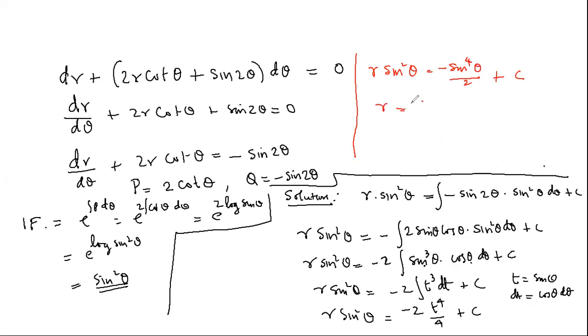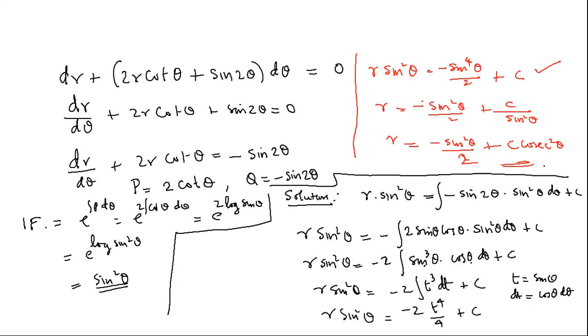So r is equal to minus sine square theta by 2 plus c upon sine square theta. If you want, you can write this as minus sine square theta by 2 plus c cosec square theta. Even if you write this way, it is fine.